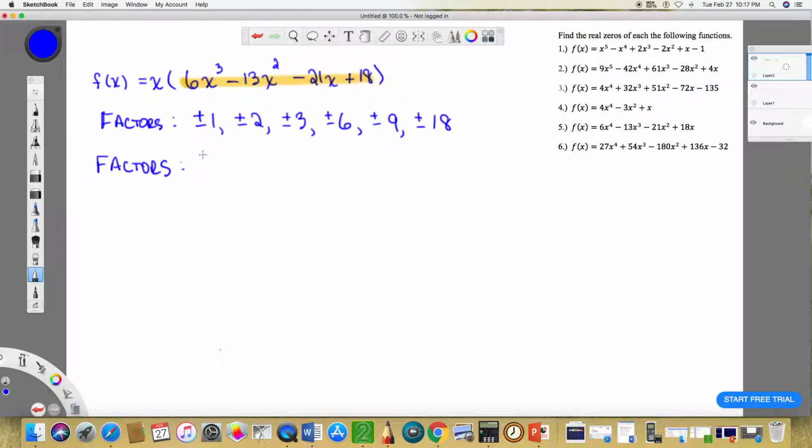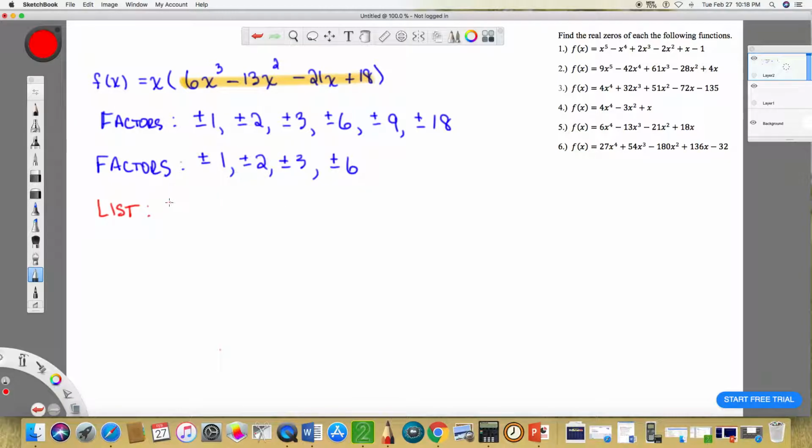Factors of 6: 1, 2, 3, and 6. All right, so our list is going to be pretty long. So rather than list all of them, I'll just list it as we go.